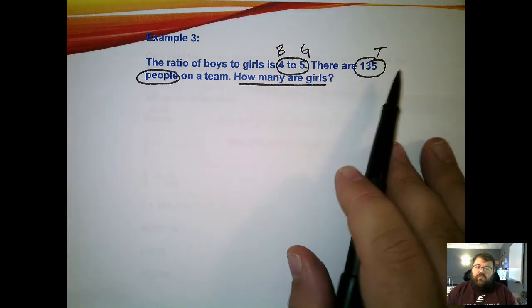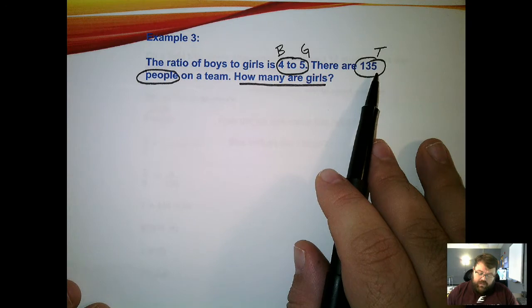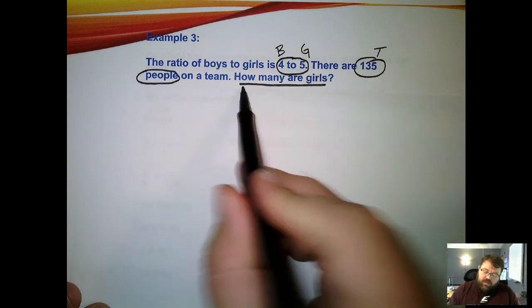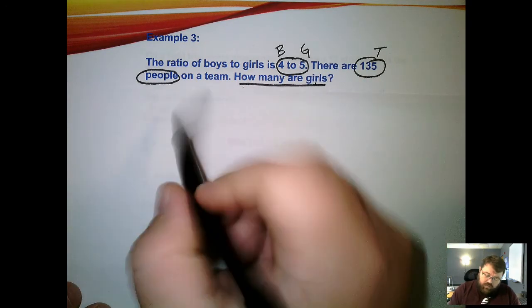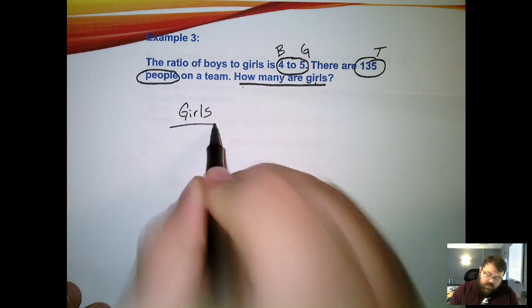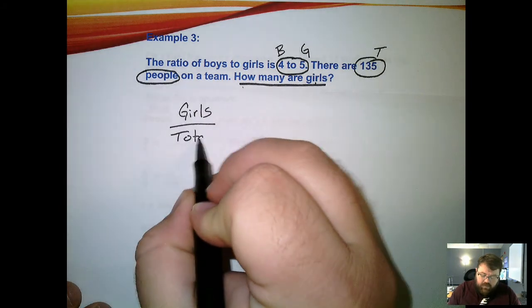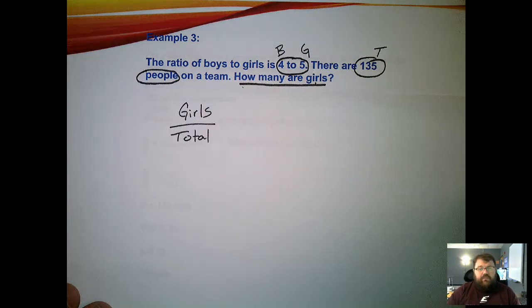But our third number is talking about teams. And teams have both boys and girls on them. So our problem isn't boys and girls. It is girls to total number on a team. Okay?